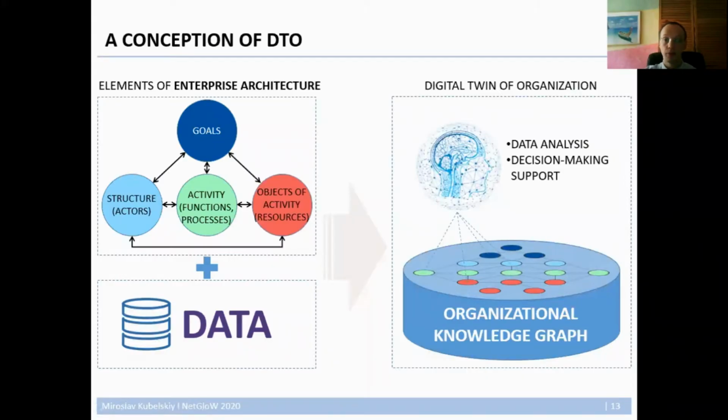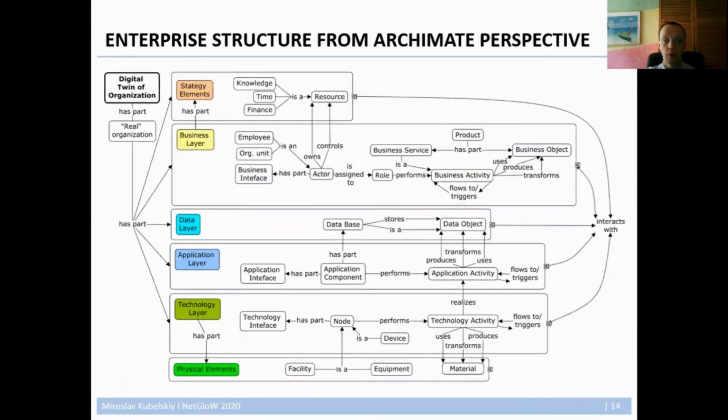To build an organizational knowledge graph, we can reuse knowledge from enterprise architecture practice. For instance, we can use the ArchiMate modeling language, according to which any enterprise can be considered as a complex of 4 layers: business layer, data layer, application layer, and technology layer.